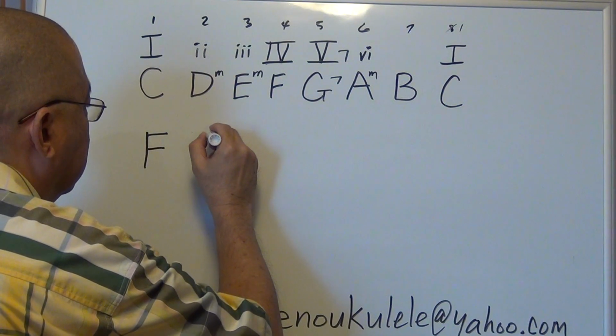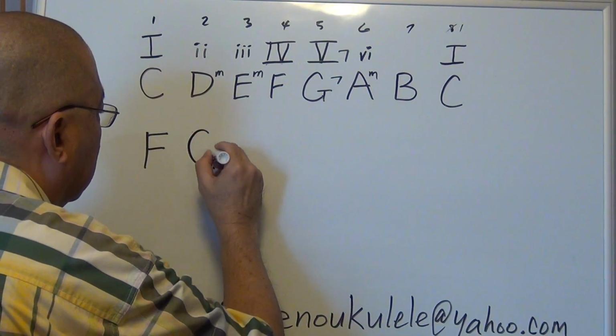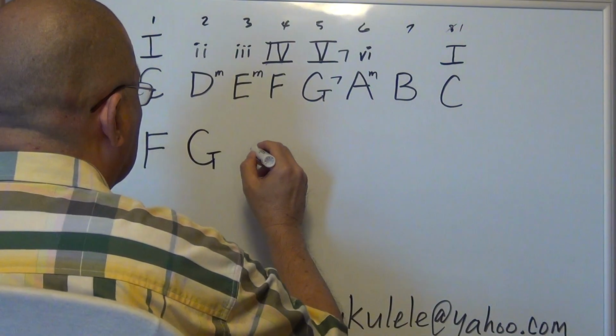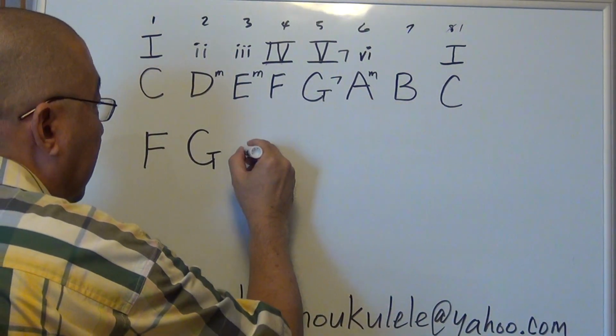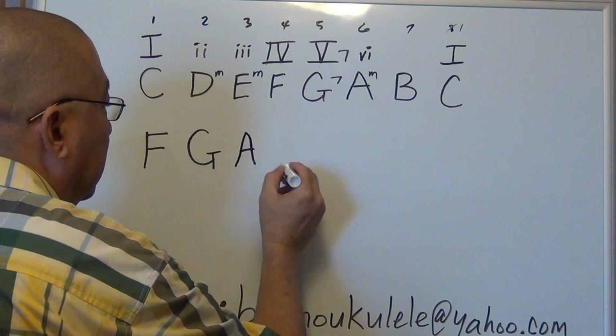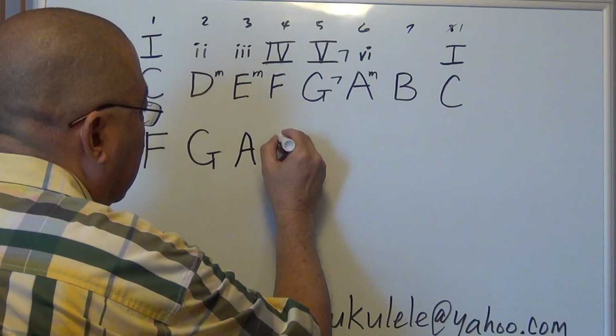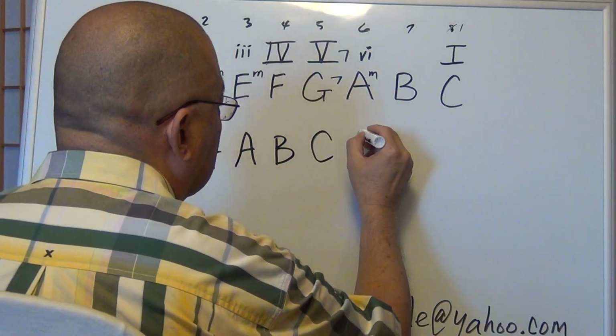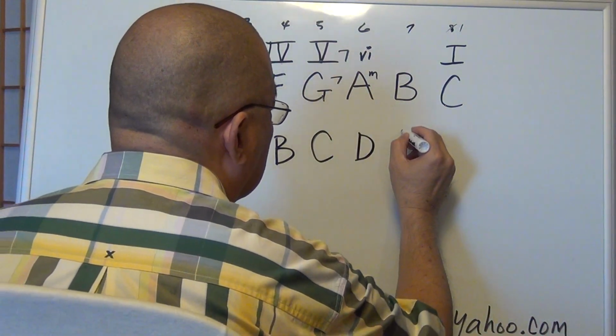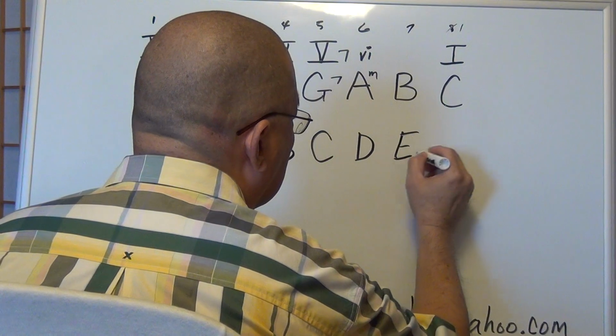F, G. What comes after G? Always an A, because that's just the way it is. F, G, A, B, C, D, E, and F.